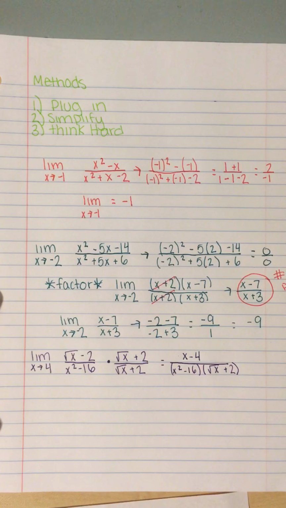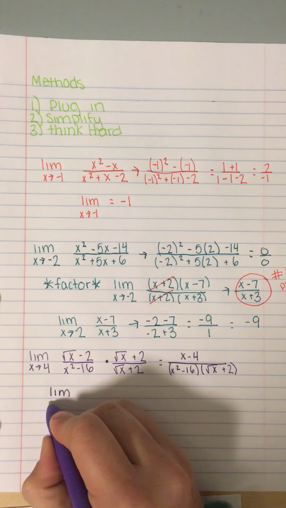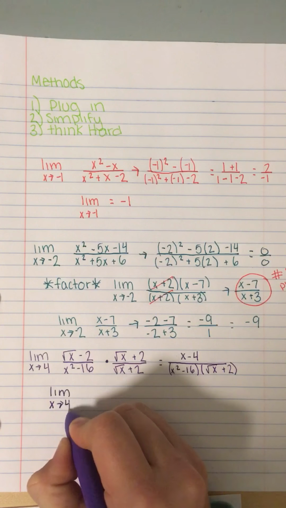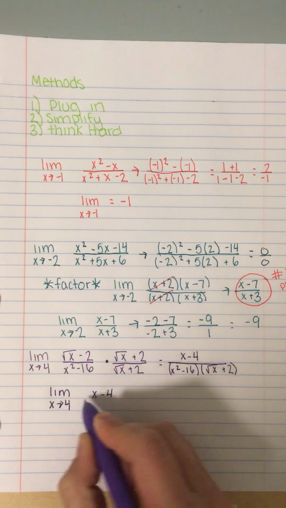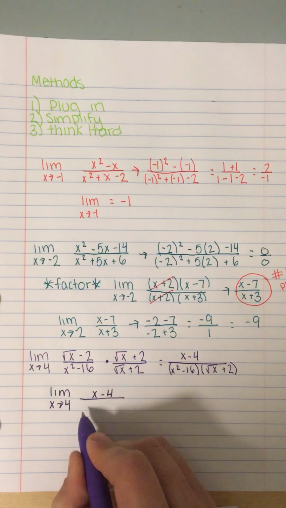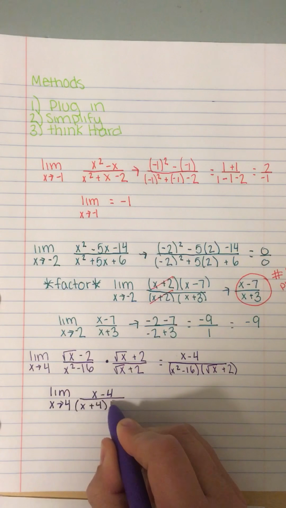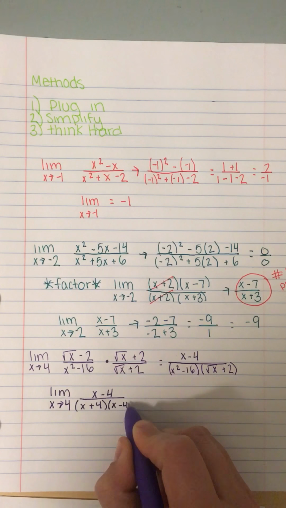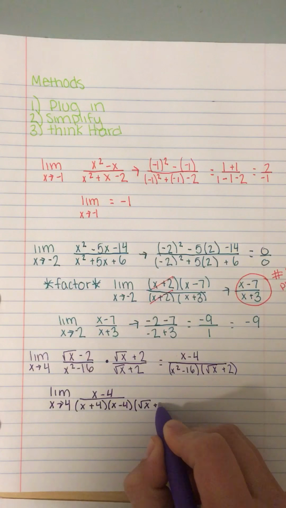Now we can go back to our second rule of simplifying. So we're going to take the limit as x approaches 4 of x minus 4 over x plus 4, x minus 4, and then the square root of x plus 2.